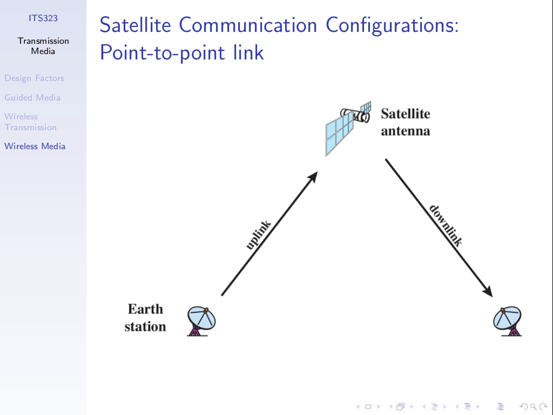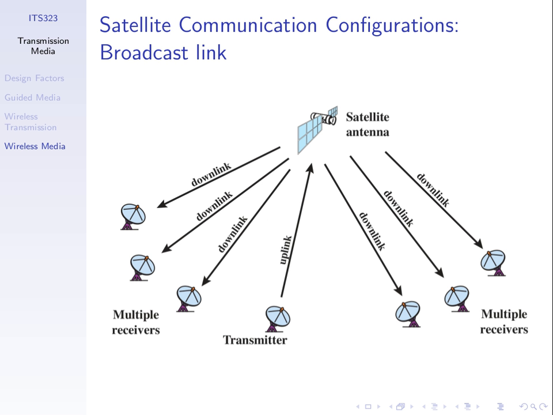Another approach, and this is what's used, for example, for satellite TV, there's one transmitter that transmits up to the satellite, and the satellite transmits down in a broadcast configuration. That is, it sends to everyone within the coverage area or the footprint. There are multiple receivers.